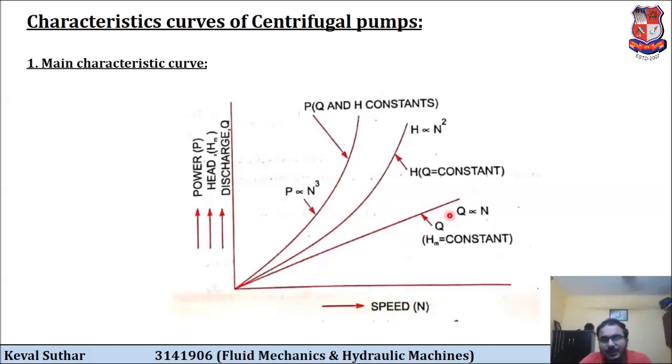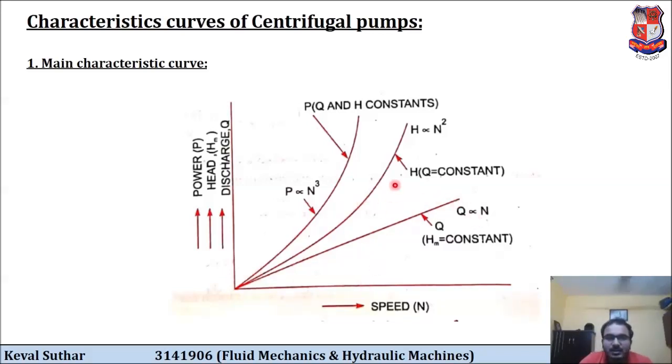While obtaining this curve, we have kept HM, that is head, constant to obtain the flow versus speed relationship. Here Q is proportional to N, so we are getting a linear relationship between Q and N.